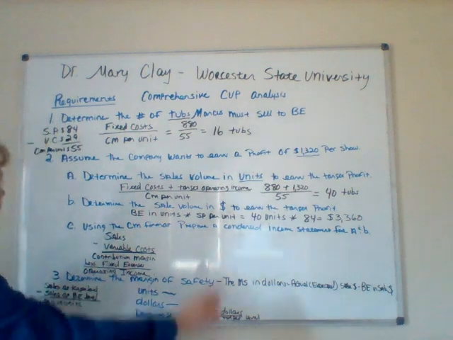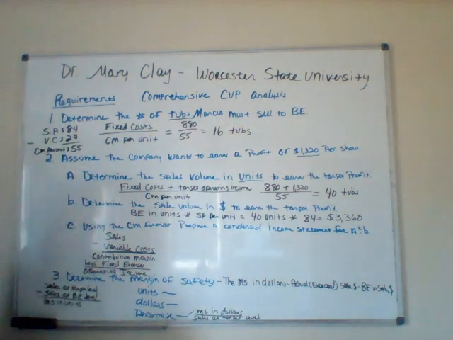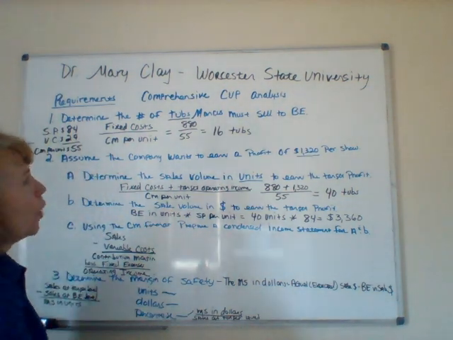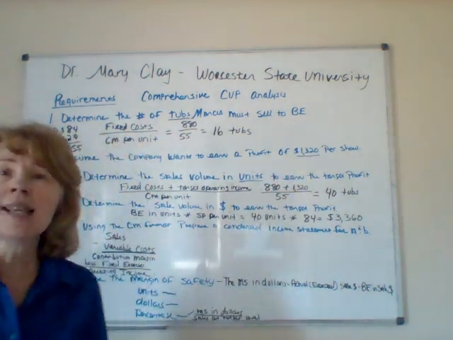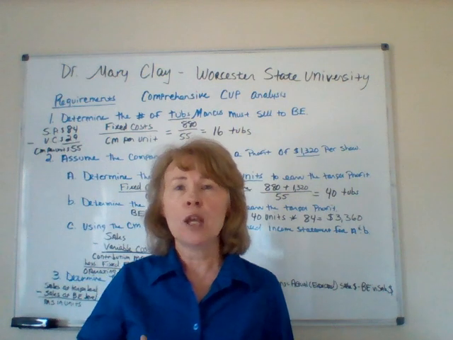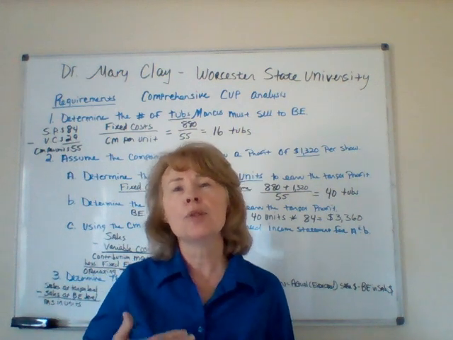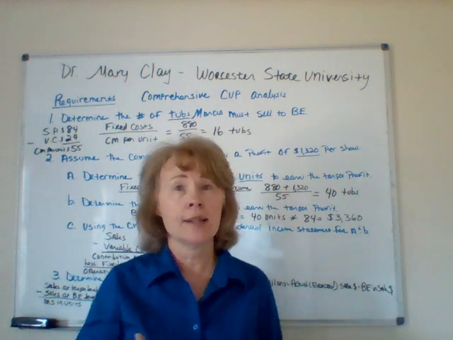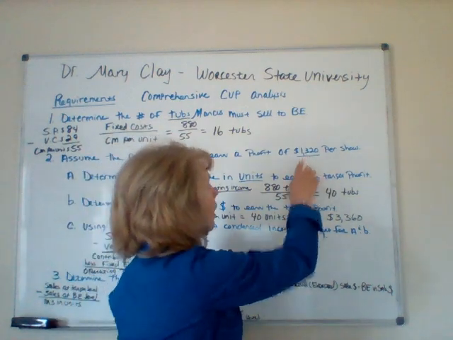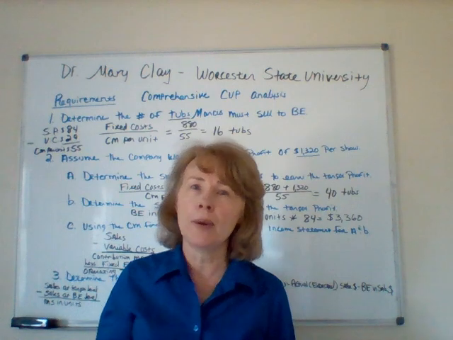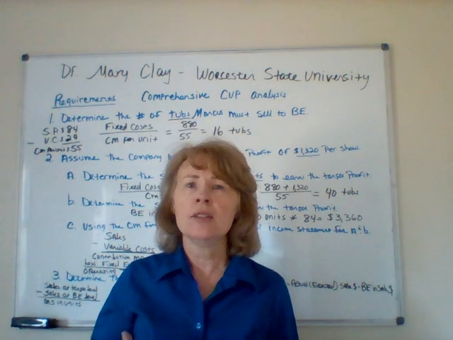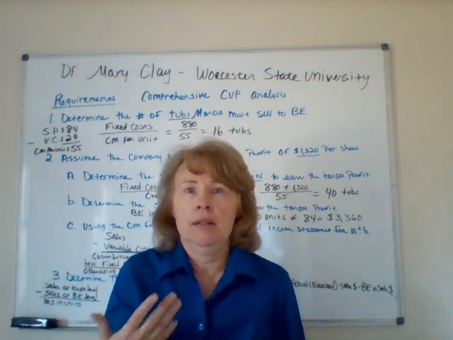Next question. Assume that the company wants to earn a profit of $1,320 per show. This helps management figure out how many tubs they need to sell in order to get a target net income of $1,320. Now your textbook just calls it operating income, but know that that's their target income.